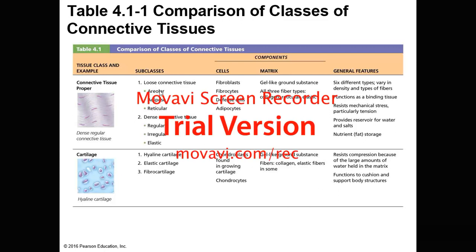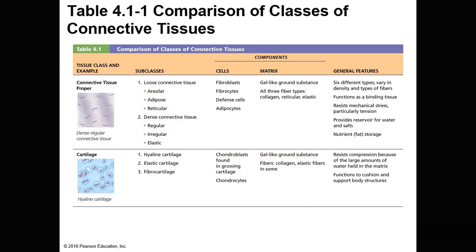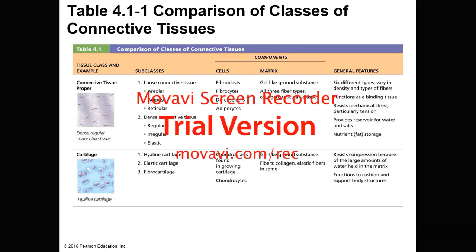All right, so you have loose connective tissue. So essentially, the name, okay, gives you a description of what it is. So you have loose, and then you have dense, okay? So obviously loose is going to be more spread out than the dense. Dense is going to be more dense, essentially, okay?